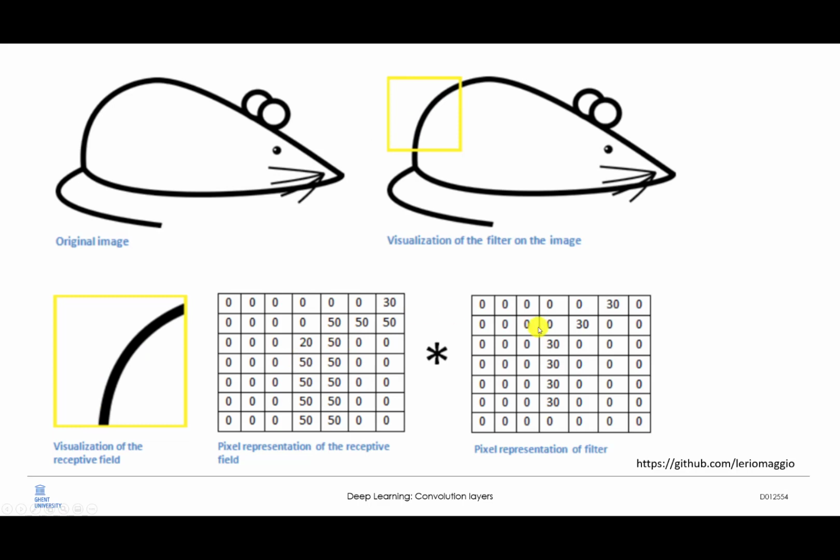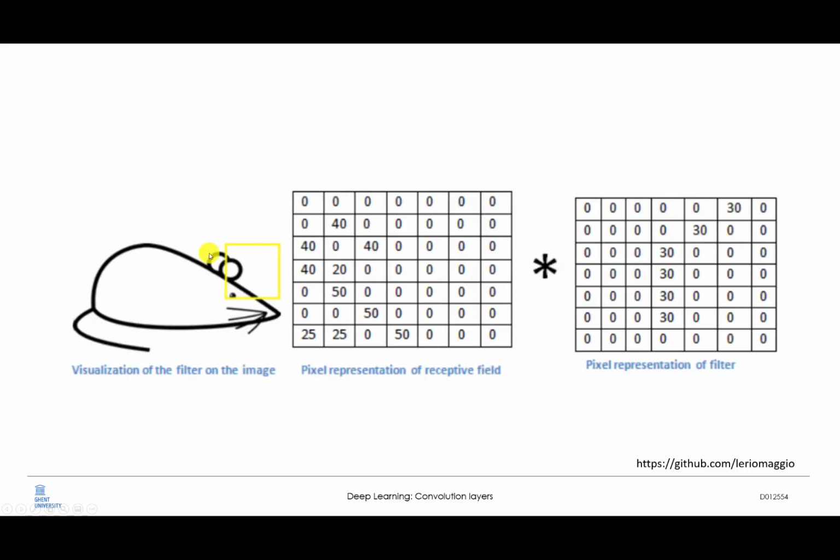And so if we then do the convolution, so we multiply the part of the image with the filter, we should get a high value, indicating that at that point we see something that looks very similar to this filter, okay? And of course, if we take the same filter and look at some place in the image where there is no such thing, then if we do the convolution here, we should see a very small value, indicating that at that position we don't see this particular pattern.